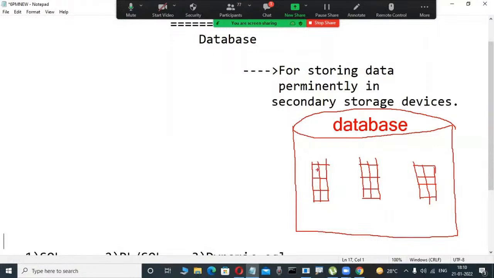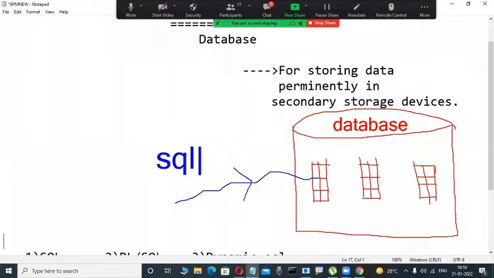Everyone knows in mathematics a matrix has rows and columns. That's why a structured collection of data is stored here, and we operate on this data using SQL, a language, structured query language.